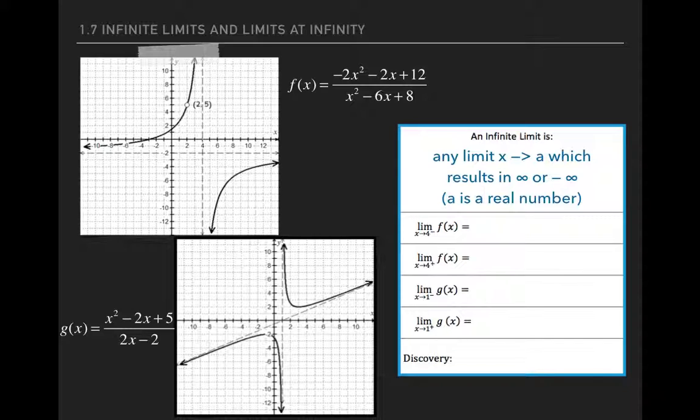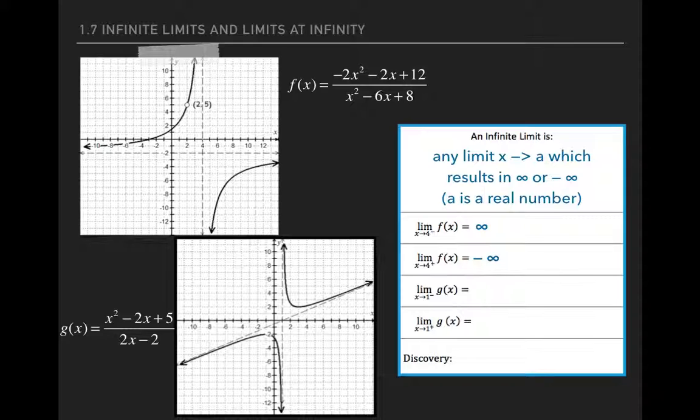So looking at your f function, as you approach 4 from the left, the limit as x is approaching 4 is infinity. Coming from the right, it is going towards negative infinity, so that is a scenario where you have an infinite limit.